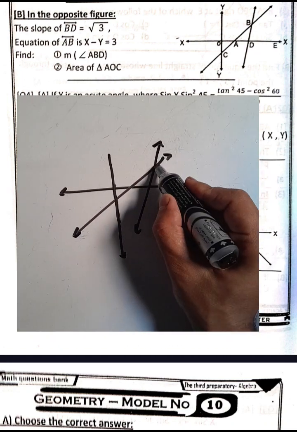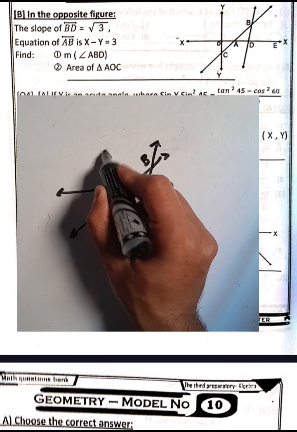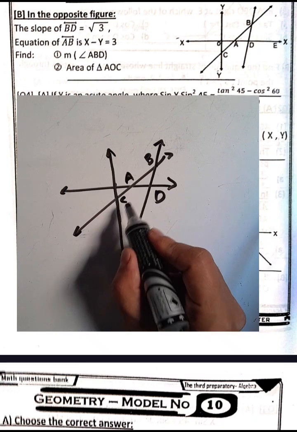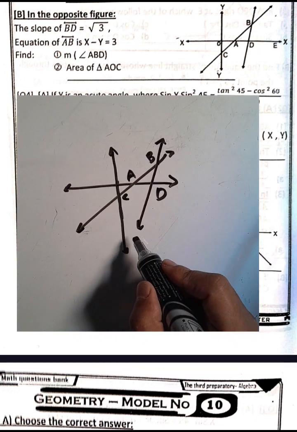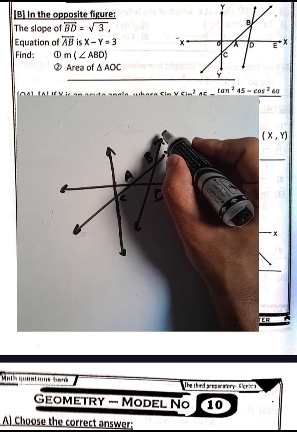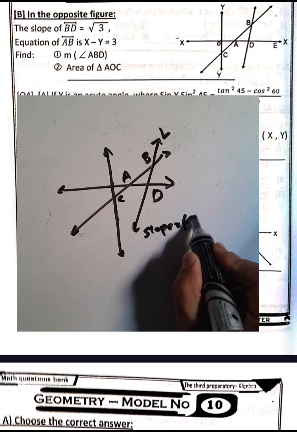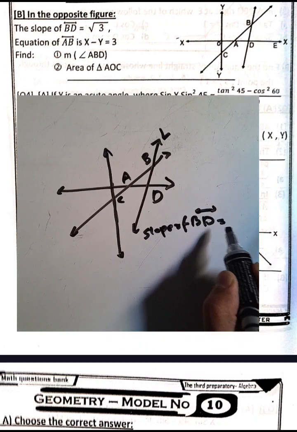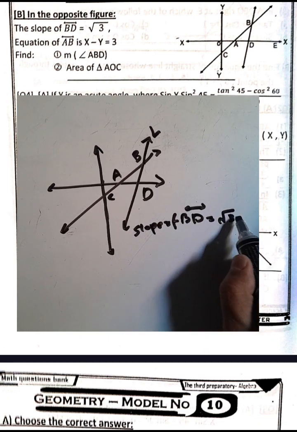They cut at this point, which was P, and we have D, and this point here E, and this point we call O, and C here, in this order. It tells us the slope of BD, we call it slope of BD, gives us here √3.